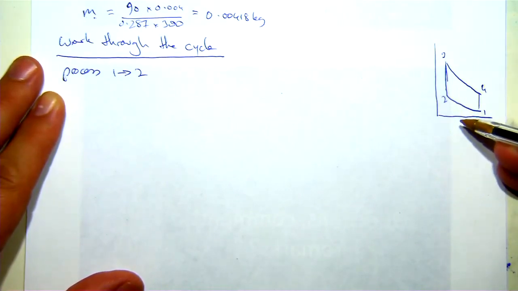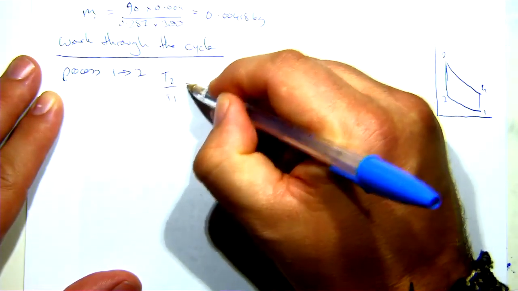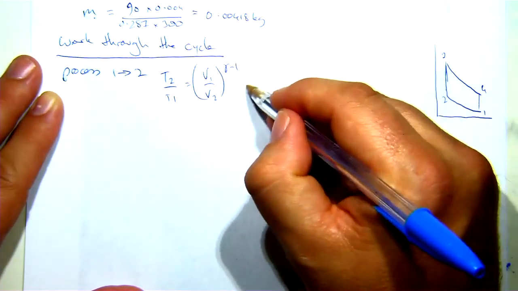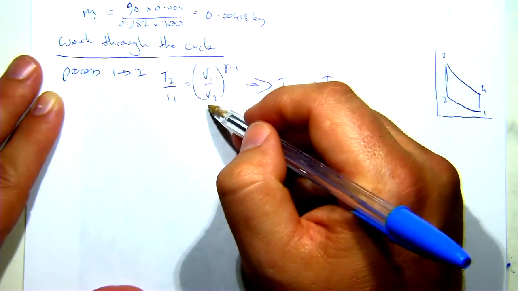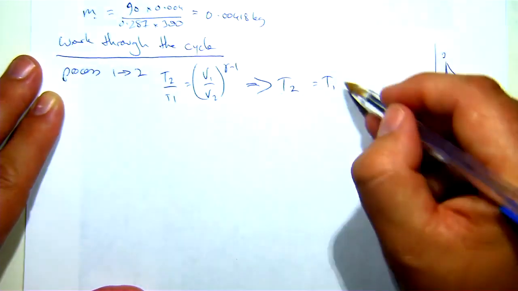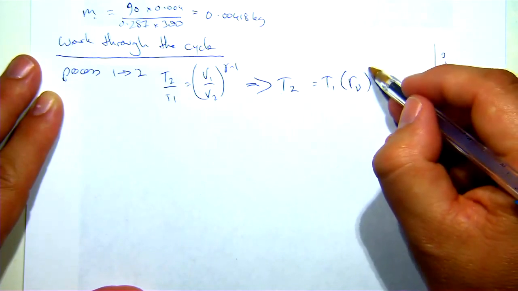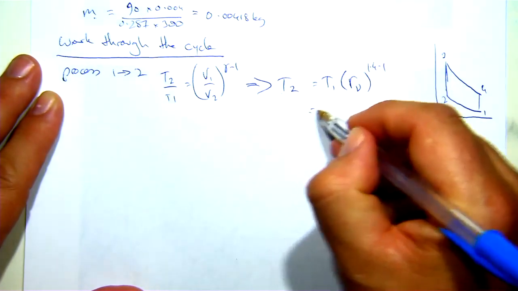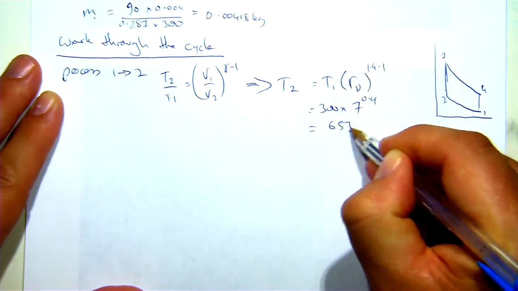Ideal gas isentropic compression, we're going to use T2 on T1 is equal to V1 on V2 to the gamma minus 1, which will give us that T2 equals T1 times V1 on V2, my compression ratio, which is my RV, which was 7 for this problem, to the gamma minus 1. Gamma was 1.4, so 1.4 minus 1, so this becomes 0.4. So 300 times 7 to the 0.4 equals 653 Kelvin.